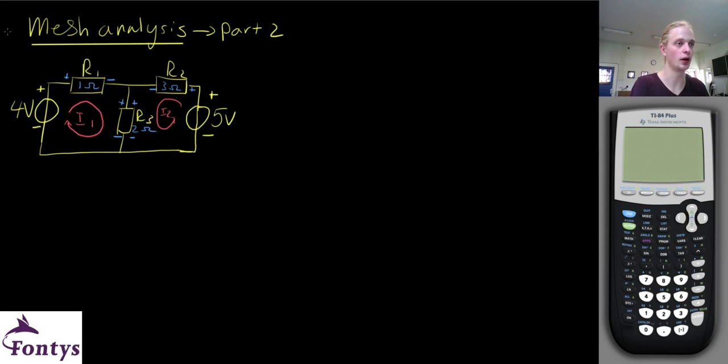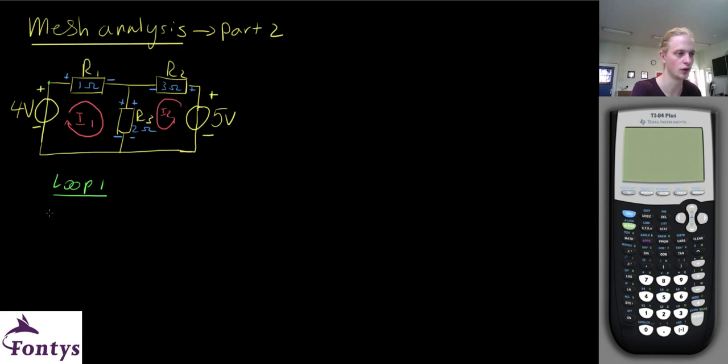Now we're going to apply the Kirchhoff voltage law to both the loops. I'm going to start with the left loop first. So I'll call it loop 1 since it's called I1. And I'm going to do that in green. So for loop 1, we apply Kirchhoff voltage law. We just start over here and we follow the current.